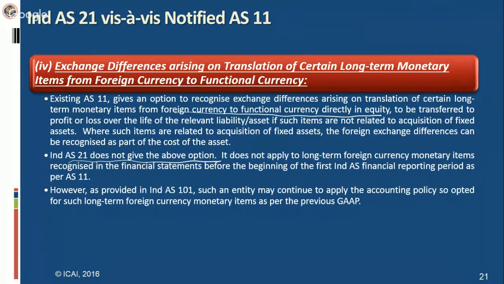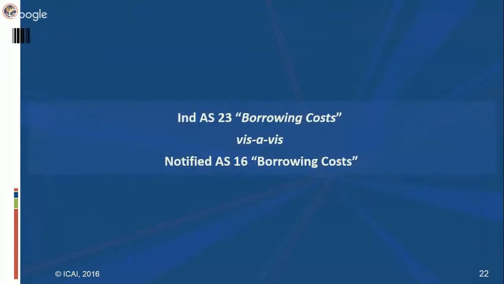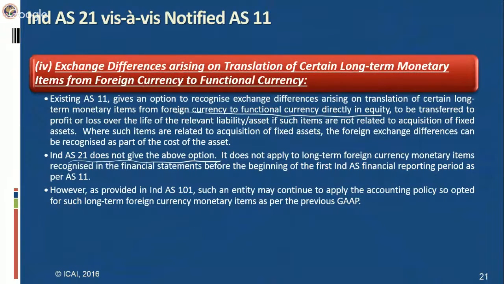If an entity was applying and had taken the option or had applied the provision of AS 11 to a particular item, then it may continue to apply it even after application of Ind AS 21. This special provision has been provided under Ind AS 101. So these were all the differences regarding Ind AS 21 vis-a-vis notified AS 11.